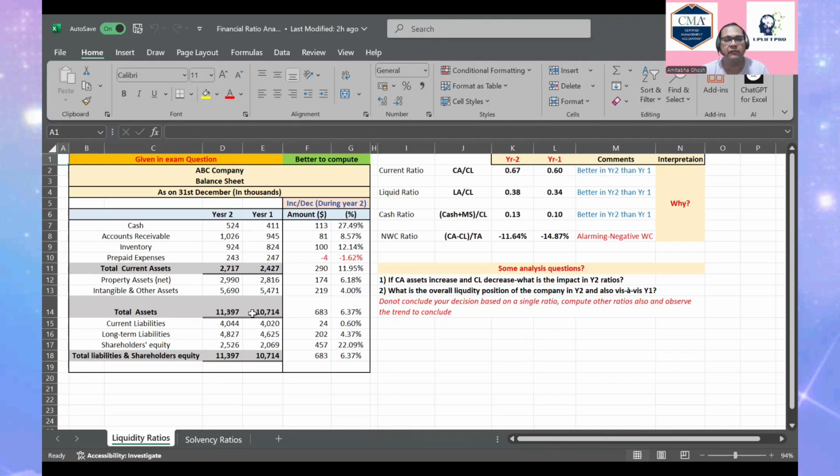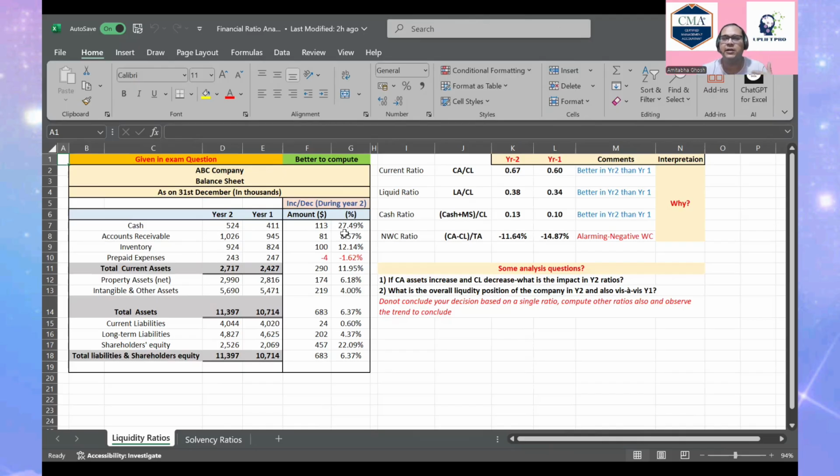This portion is something that will be provided to us, and what I've given as better to compute is something that, as a student, if you are getting a bigger question, you should quickly do: the horizontal analysis that we discussed in comparative financial statement analysis, where we see the change of year 2 and year 1 and calculate the percentage. This may help us in doing the analysis-based questions more easily.